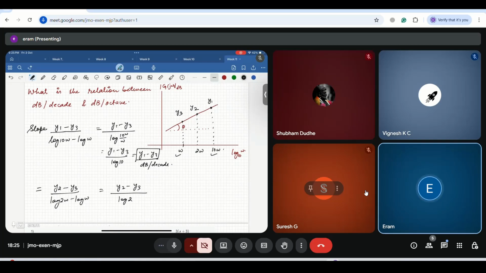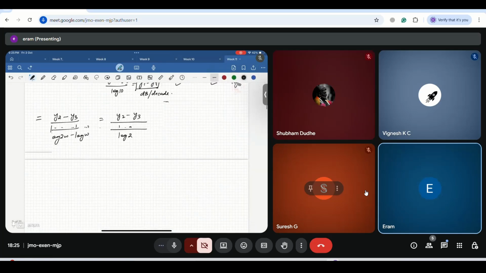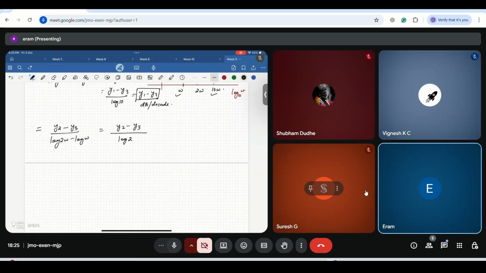So what is this? Now tell me, change in magnitude in dB in one decade, this is equal to how much? y1 minus y3.